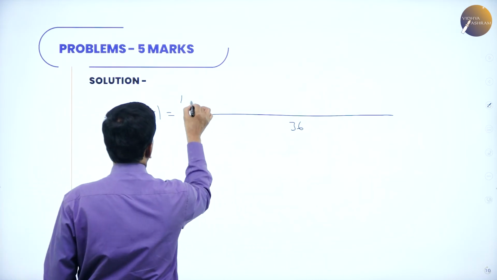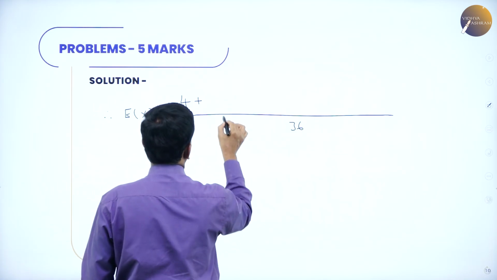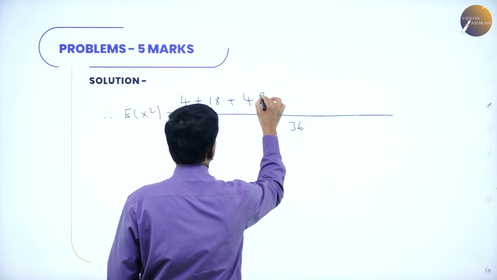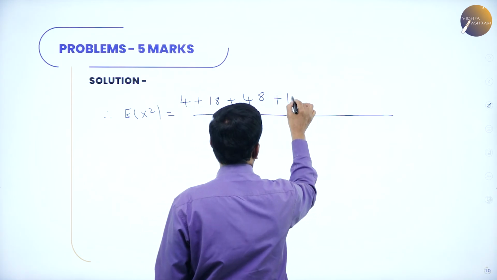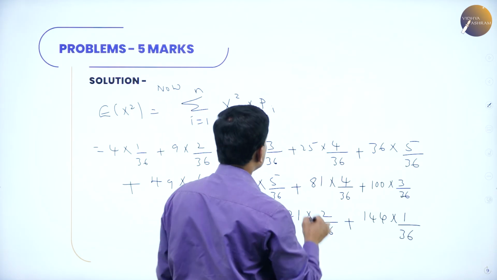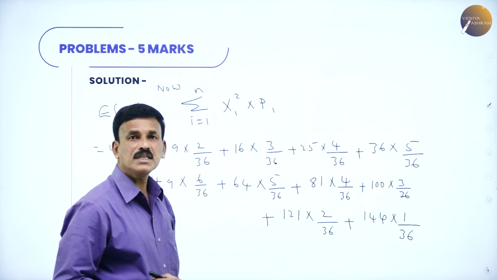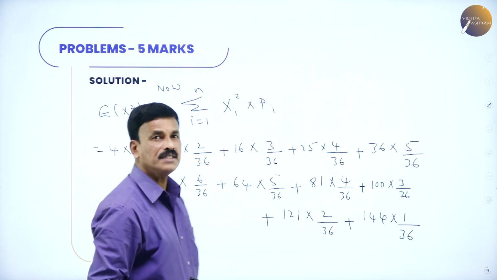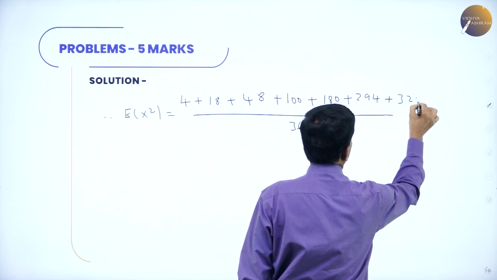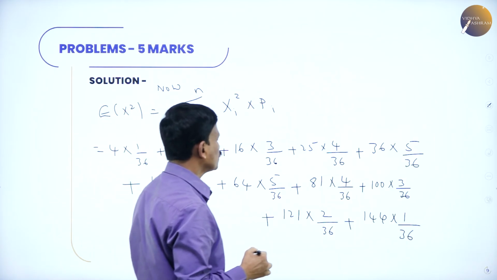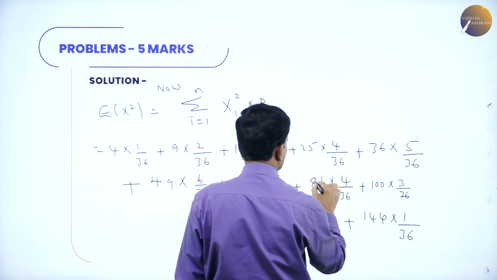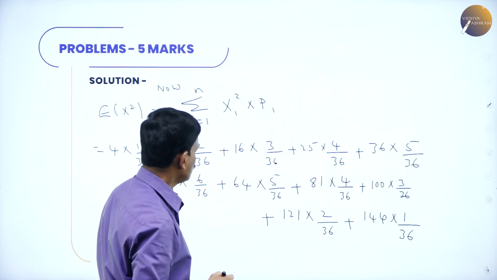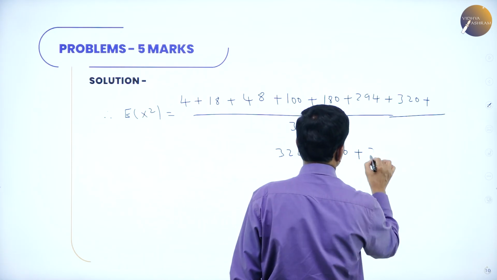So 1 into 4 is 4, plus 9 into 2 is 18, plus 16 into 3 is 48, plus 25 into 4 is 100, plus 36 into 5 is 180, plus 49 into 6 is 294, plus 64 into 5 is 320, plus 81 into 4 is 324, plus 100 into 3 is 300, plus 121 into 2 is 242, plus 144.